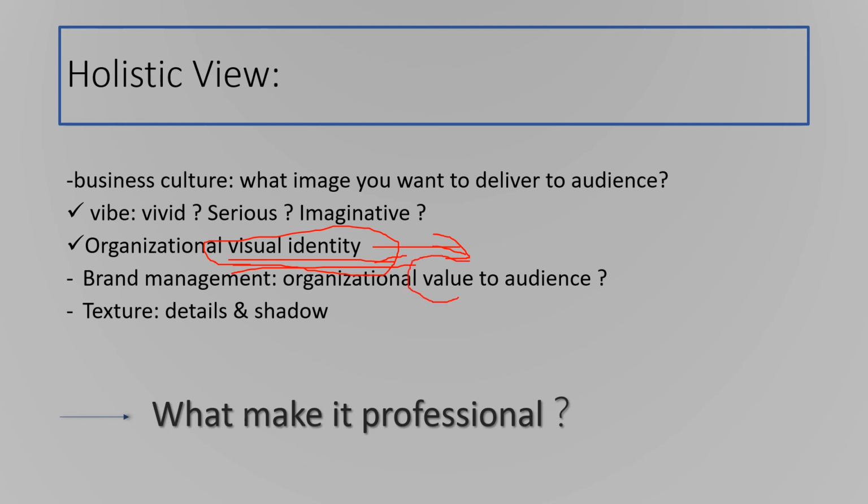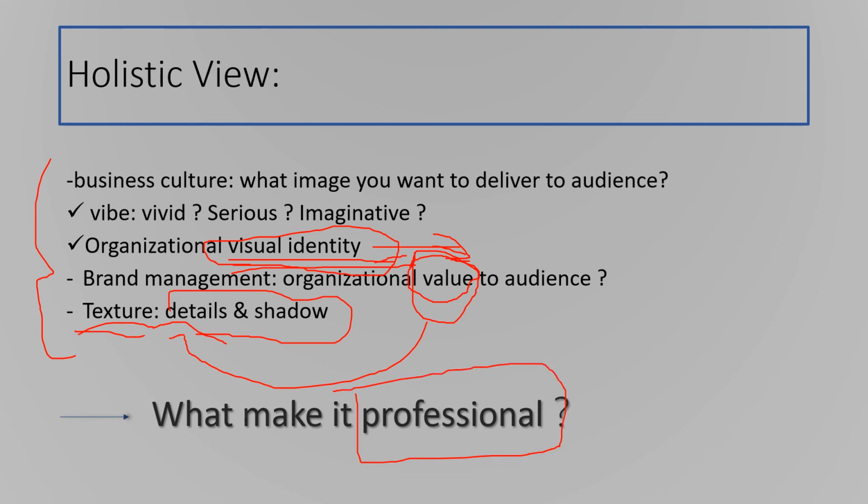We need to look at the values for the audience, which are quite different as well. Value is also in the small details, and the tension is created basically from the shadows and the transparency levels in our small details. So when all those things combine together, we can make the presentation more professional.